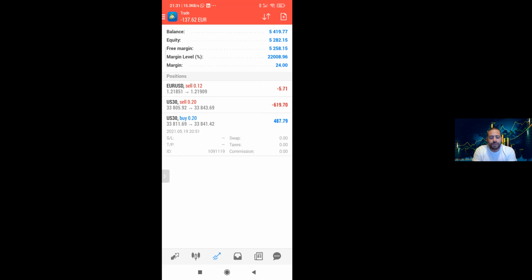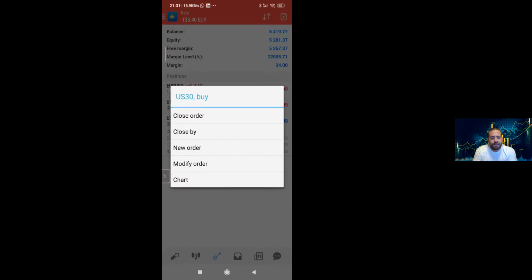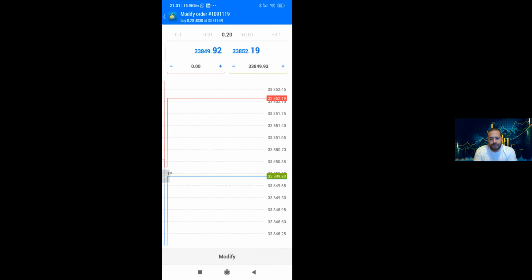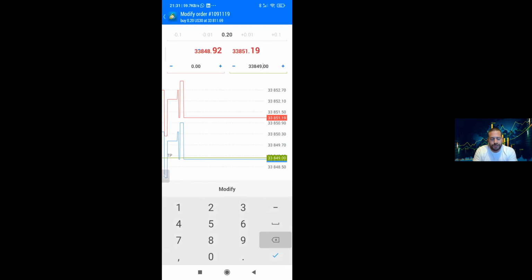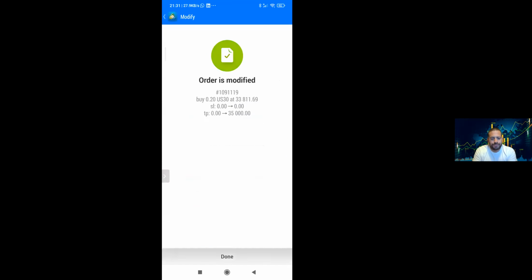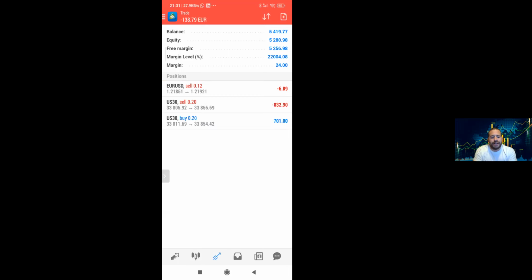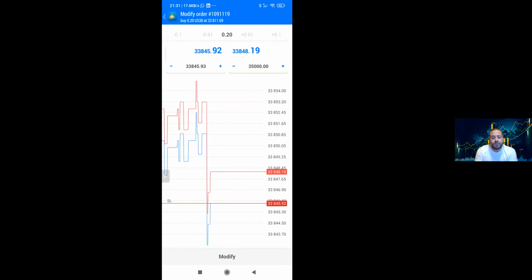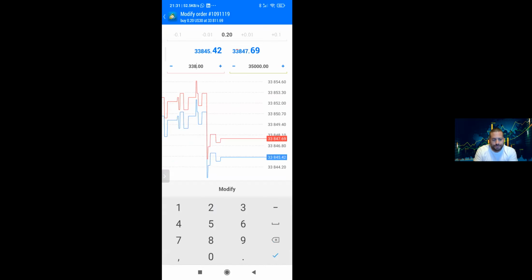It hasn't yet reached its take profit target of 35,000, but I want to close partials. This is something you may hear an educator tell you: close partials and move your stop loss to entry.